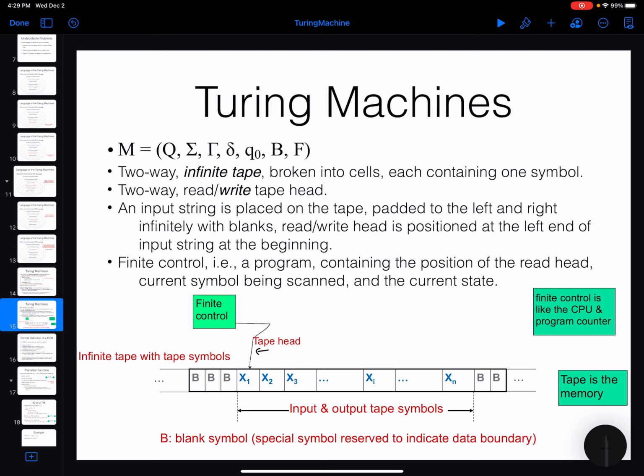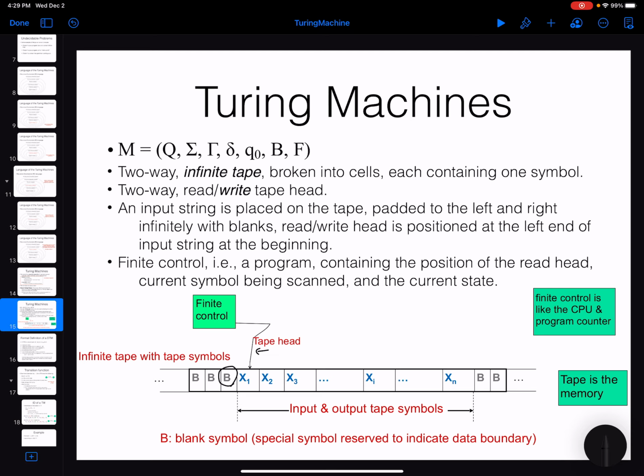How do we know where the string starts and where it ends? At the beginning, the input has been written over the tape, and on the left of the input there is a specific symbol that we call the blank.